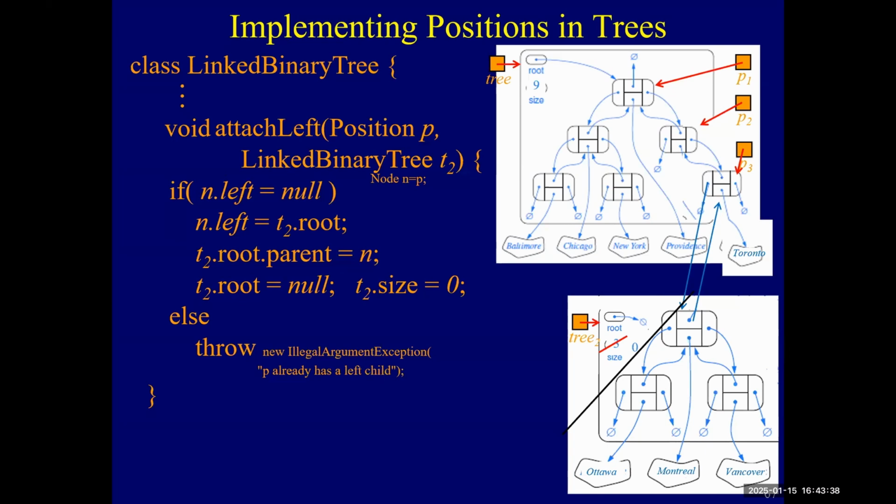Tree 2 is pointing at the structure that has a root and has a size, and what I'm doing is setting these values to 0. And what you're doing is dropping this link. So this is floating and needs to be garbage collected, right? I'm not saying what you're doing would be horrible. I'm just saying it's different.